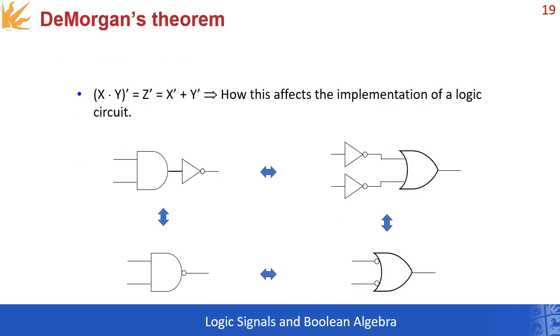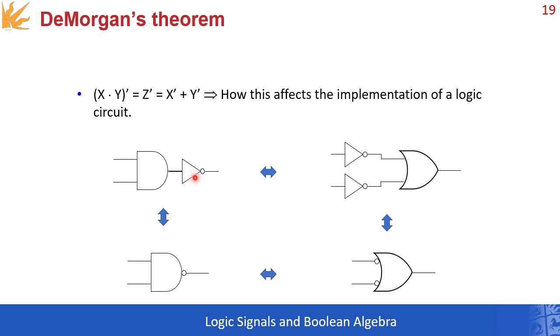Now again, let's see De Morgan's rules, this time by using gates. If you have a logical AND, in order to invert it, you need to put a complement gate exactly after the AND.